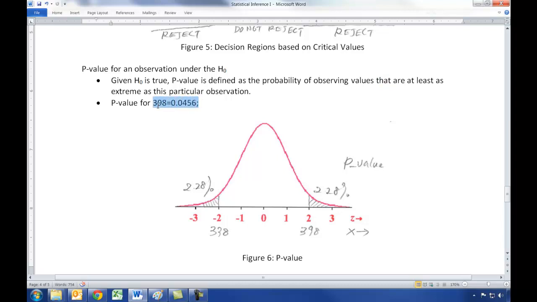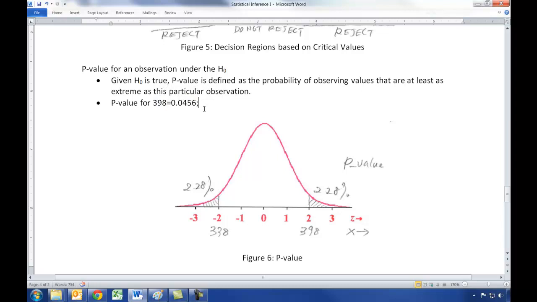Let's again use an example. If we observe a value of 398, namely, we measure a box of cereal and it turned out to be 398 grams.